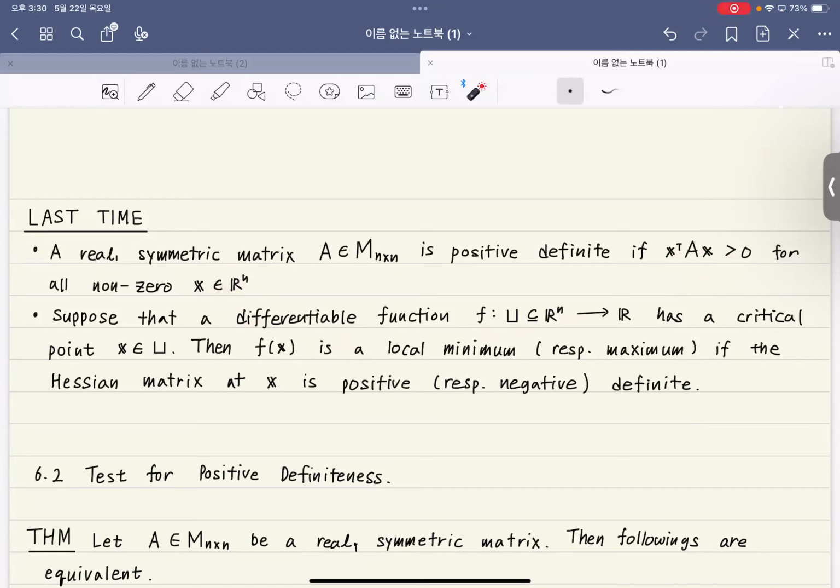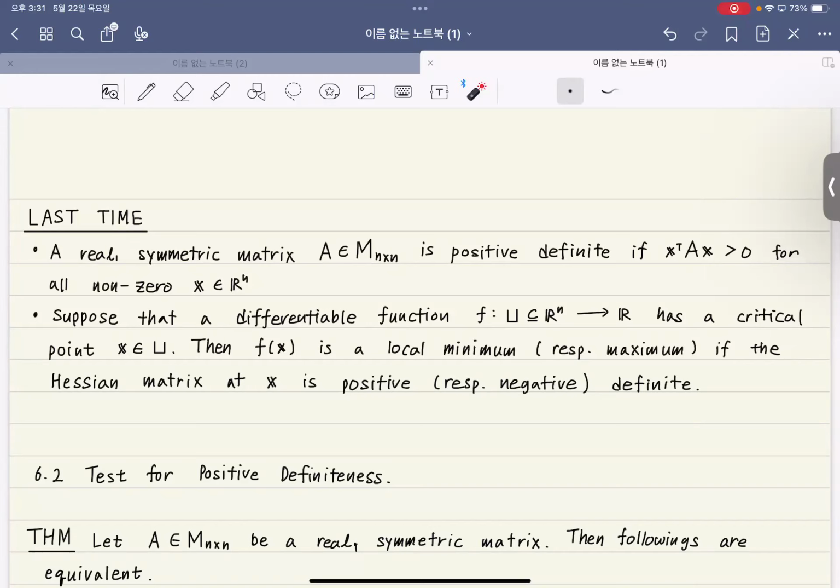Being positive or negative definite has to do with local maxima or local minima of differentiable functions. If your function is twice continuously differentiable, then for any point p you can define an n by n real symmetric matrix, which is called the Hessian.